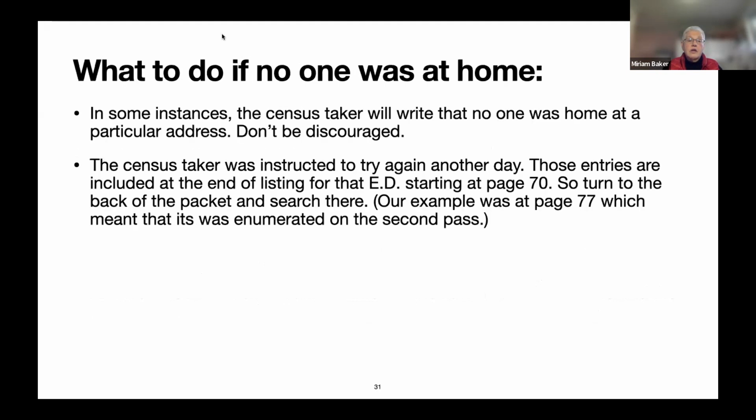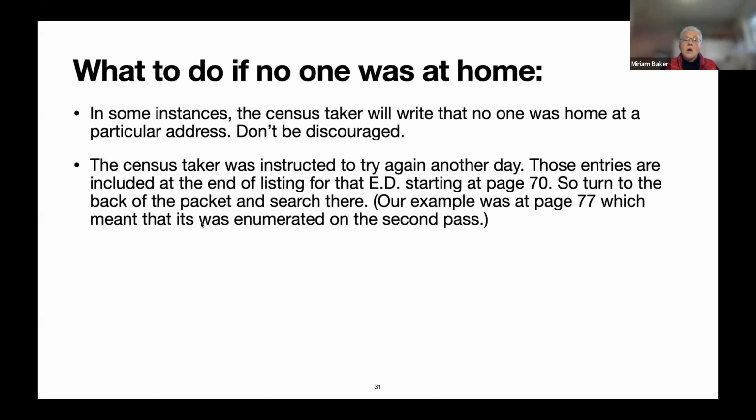All right. Remember when we were looking at Marilyn Monroe, in the upper right-hand corner, there was the page number, it was 77. The reason this happened is she wasn't home the first time they came around. So the census taker came back another day, and that time she was home.